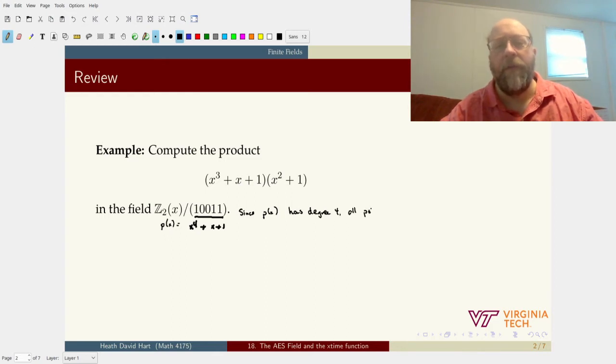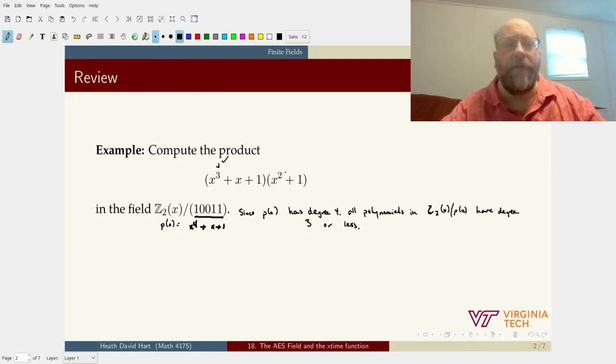All polynomials in Z2[x] mod p of x have degree 3 or less. So this polynomial has degree 3 or less, and so does this polynomial, so that's okay.